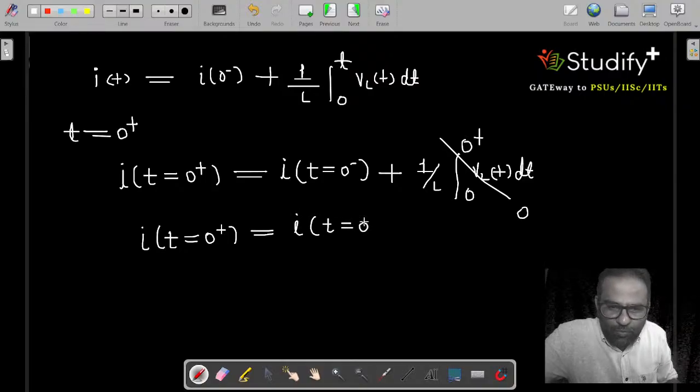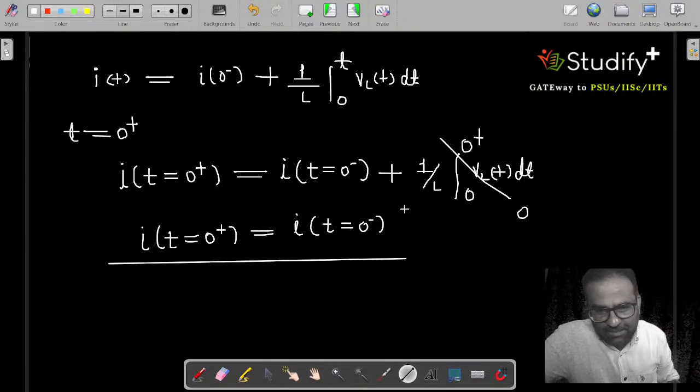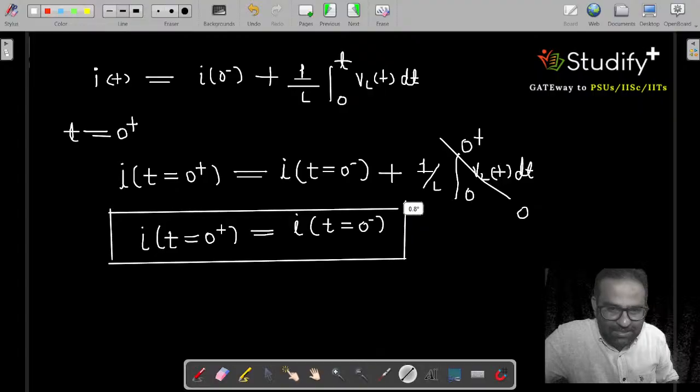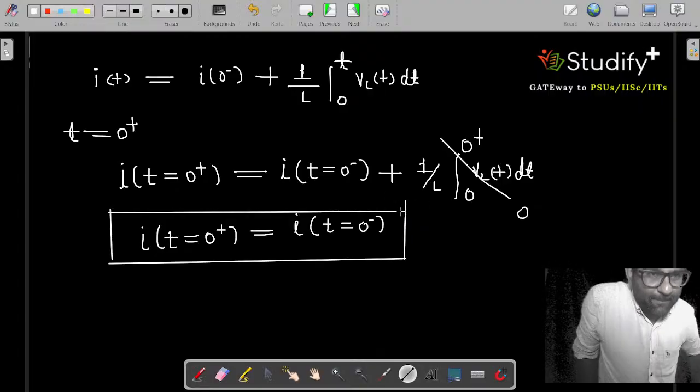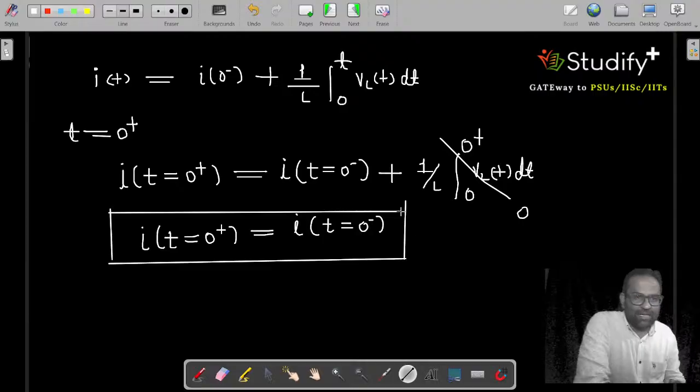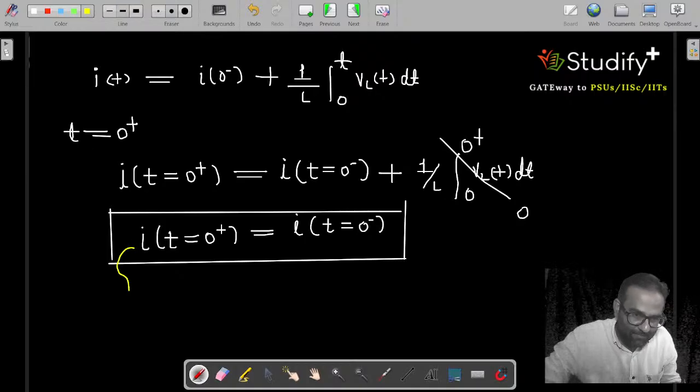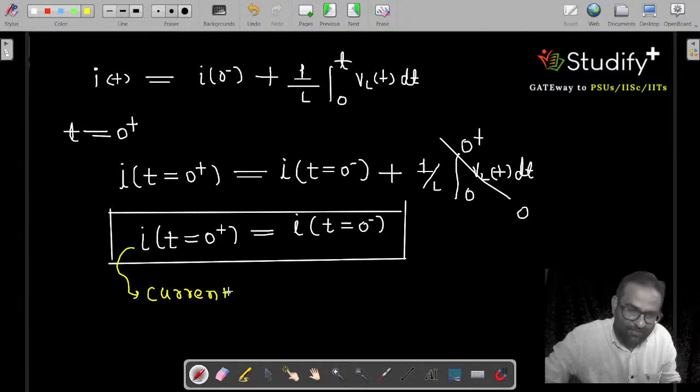We will try to give the meaning of 0+ and 0-, but this condition is very important. 0+ represents just after you connect your supply to the inductor.